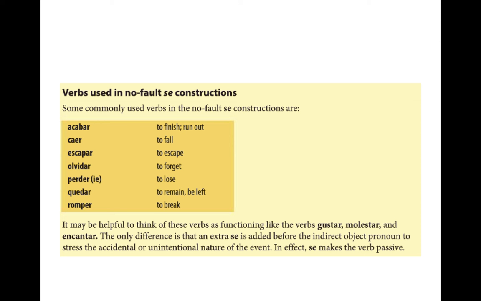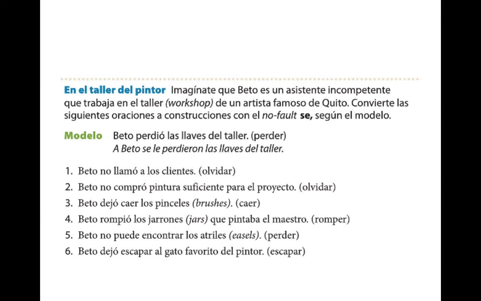Quedar, se me quedó. Se me quedaron. Romper, se me rompió. Se le rompieron, for example. Okay? And the book explains how these verbs and the no-fault construction verbs work exactly like gustar, like I explained to you a little earlier.